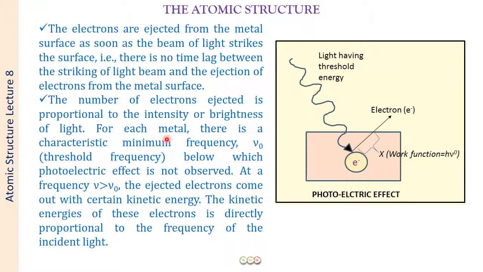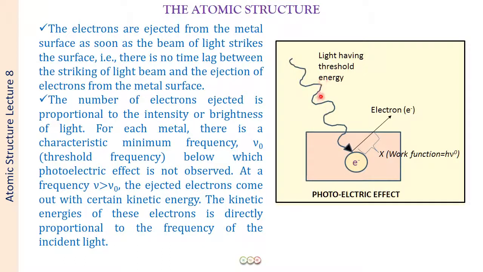The next we have is that for each metal there is a characteristic minimum frequency nu naught, which is called the threshold frequency, below which the photoelectric effect is not observed. So Rahul and his friends can only push the boys out of the line when they have some energy that is greater than the energy of the electrons that is binding them to the surface of the metal, right?